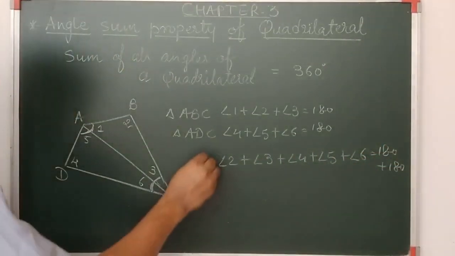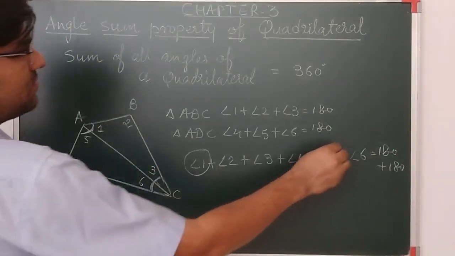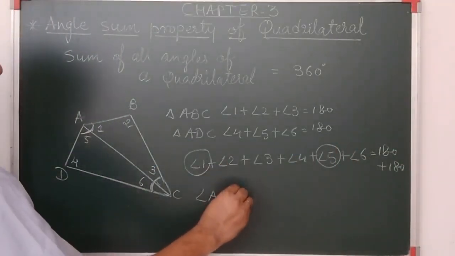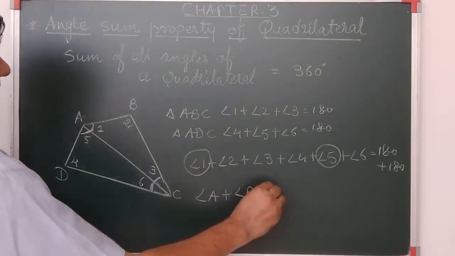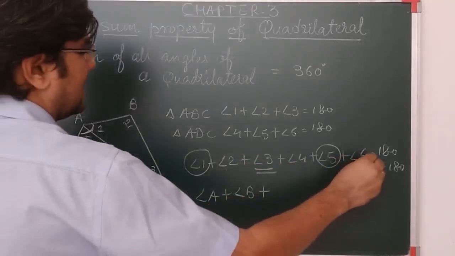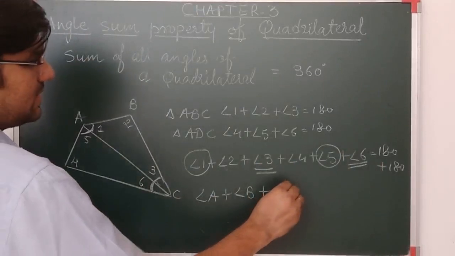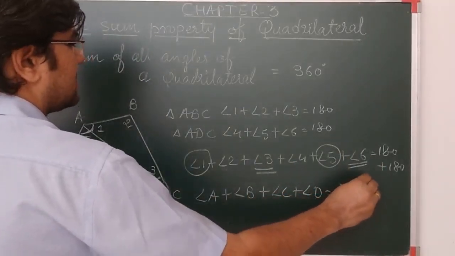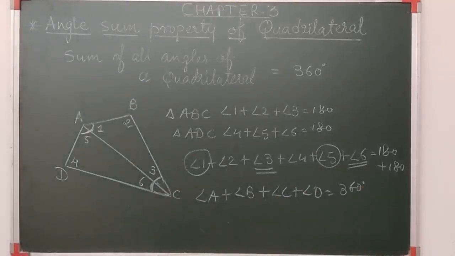As we discussed, angle 1 and angle 5 make angle A. Angle 2 is angle B. Angle 3 plus angle 6 is angle C. And angle 4 is angle D. Thus we obtain that the sum of all angles of a quadrilateral is 360.